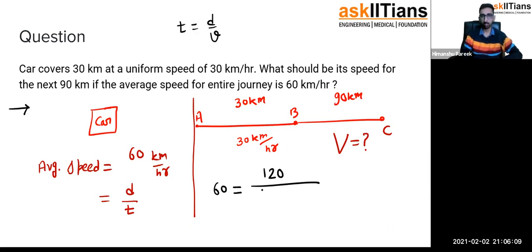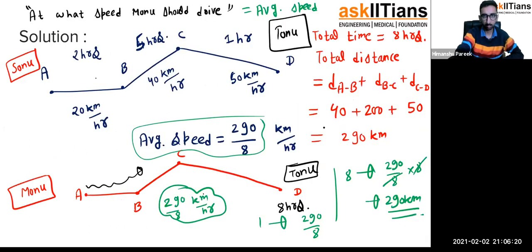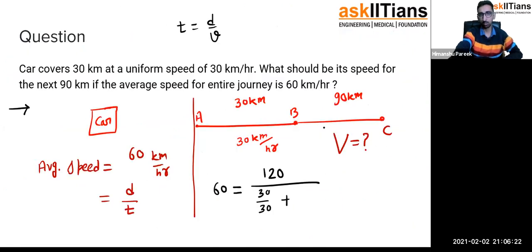From A to B, distance 30, speed 30. Plus from B to C, always take care of units also. You should convert into meter per second if they are of different units. From B to C, distance upon speed, 90 by V. That's it. Now we just have to calculate it.